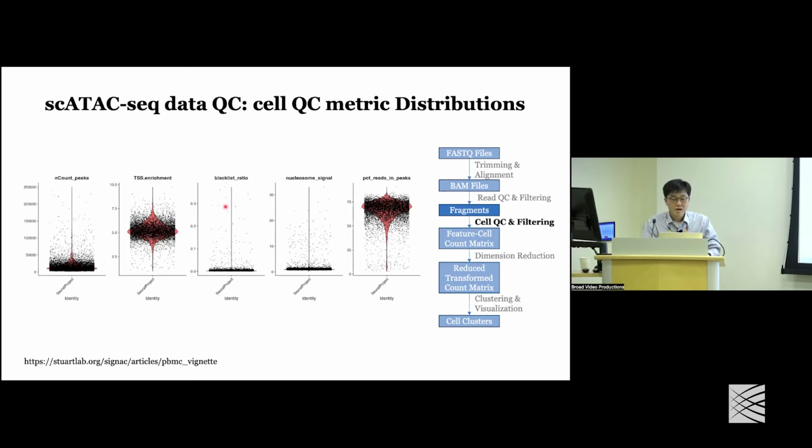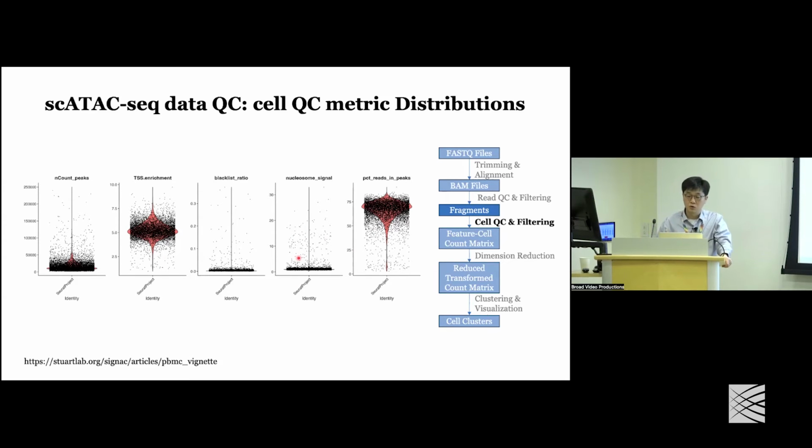All right. So we can also evaluate the other metrics with just simple violin plots. Here is the distribution of the 5 different metrics that are commonly considered. I directly grabbed this figure from the Signac vignette for the PBMC dataset. I just want you to look at how they are distributed. They vary widely.